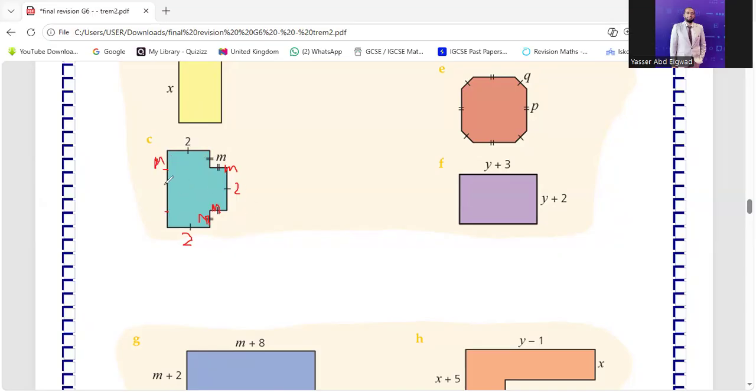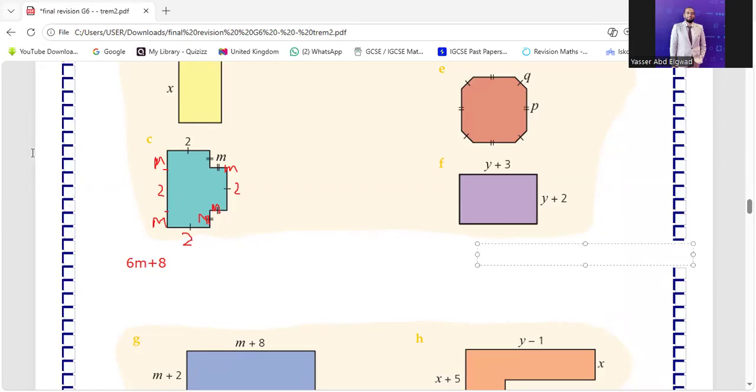And the second part equals the opposite, 2. And here is equal m. We can count m 1, 2, 3, 4, 5, 6. You can count m is 6. And we can count 1, 2, 3, 4, here is 4 multiplied by 2, we get 8. Here is the answer, 6m plus 8 and so on.